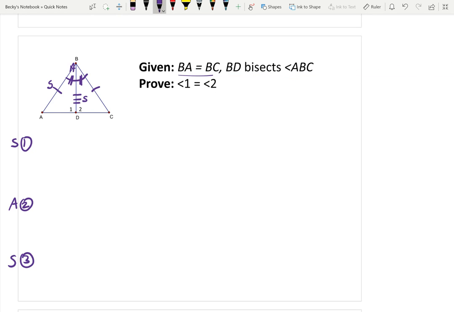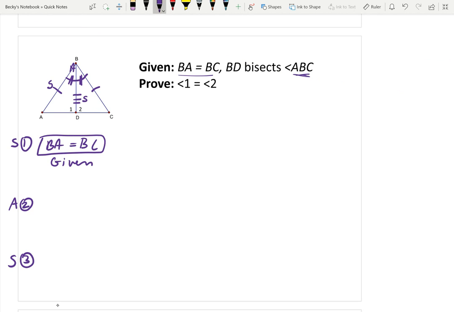All right, so here's a side that was given to me. So let's just go ahead and write that in. And box it up and say given. Now we're finished with the step because it says it's equal. For the next one, the angle. Well, this is the angle.